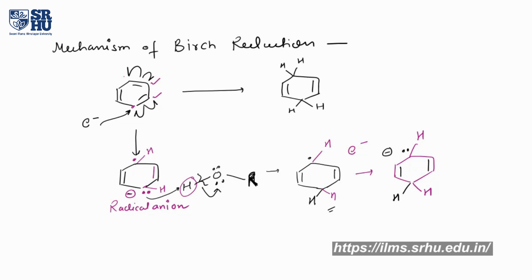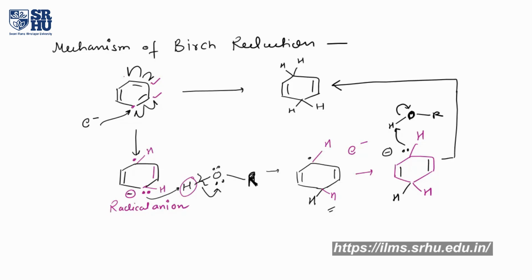Now this radical anion can then again get a proton from an alcohol. Okay, it can get a proton from the alcohol, and finally 1,4-cyclohexadiene is formed.